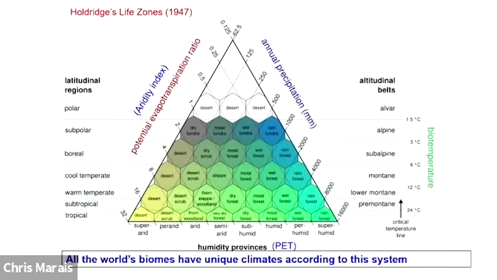So each of those little honeycomb cells has its own distinct biome, and a climate uniquely defines the contents of that cell. So all the world's biomes have unique climates according to this system. One biome, one vote, so to speak.